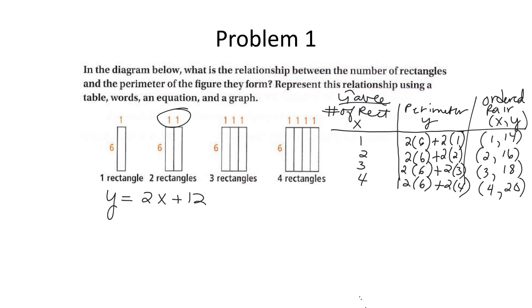And then our graph, we would take the coordinates that we just found and we would plot them. So we would make our y-axis up and down, and our x-axis left to right. We would label it. And because we're going up to 20, I'm going to actually label my axis in increments of 4.